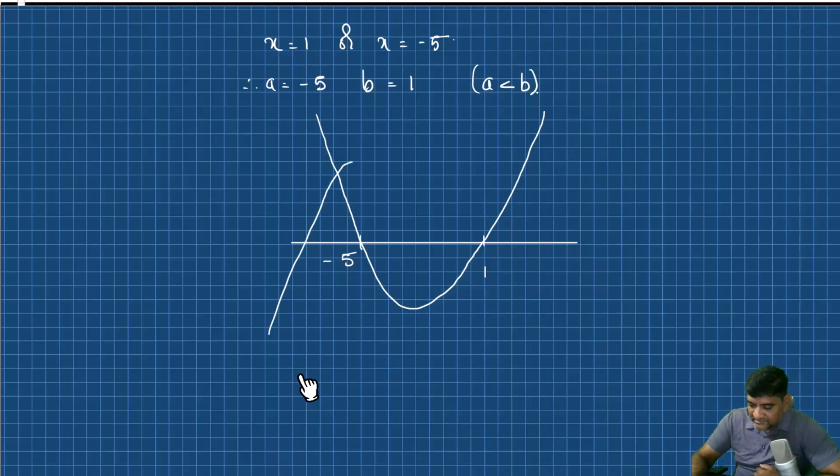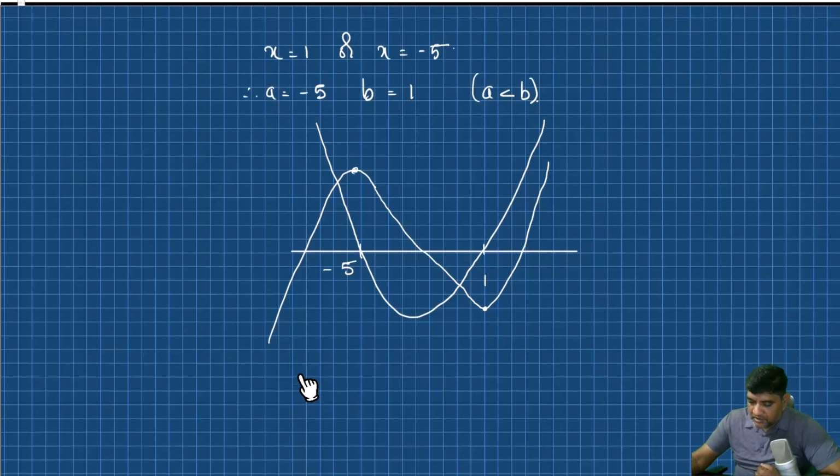And at this point, the function has a negative slope after -5, so it's probably going down, and then after this point the function has a positive slope, so which means it goes up like that. So I can predict that my cubic equation is something like this.